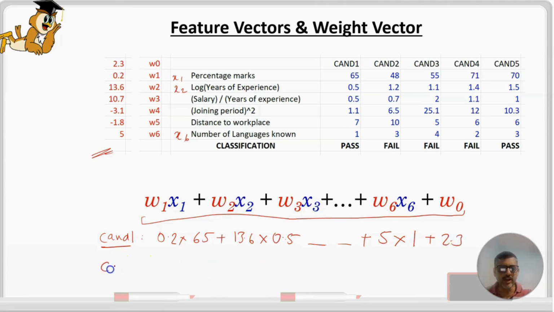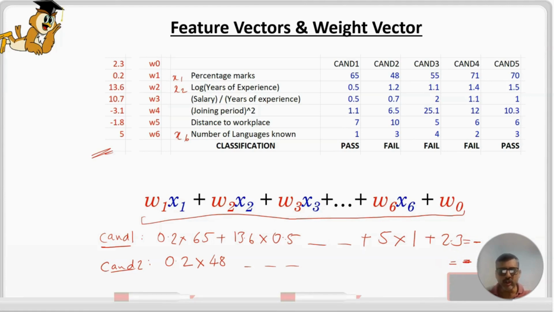Similarly for candidate 2, you would do 0.2 multiplied by 48 and so on. You do this for all candidates and get the results. This will evaluate to something, this will evaluate to something, and so on.